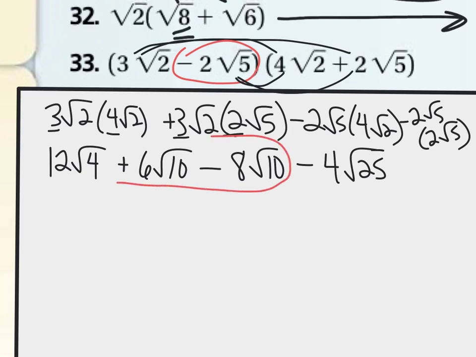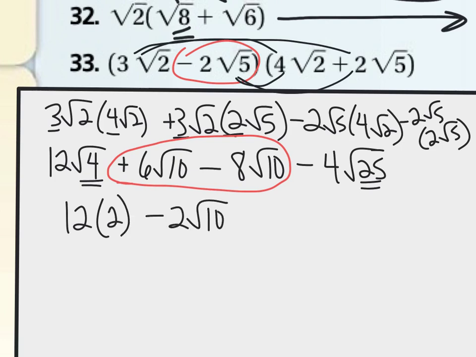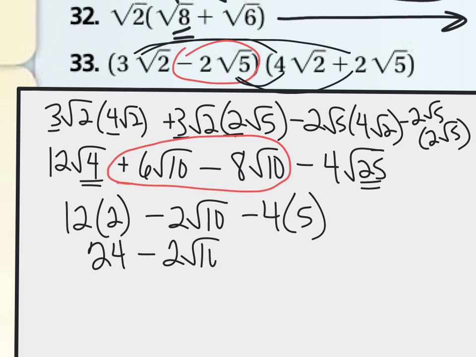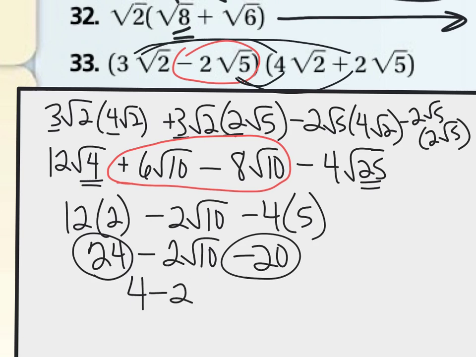And then if you'll notice, those middle terms are like terms that can be combined together. Also, square root of 4 and square root of 25 come out evenly. And then 24 minus 20 would be 4.